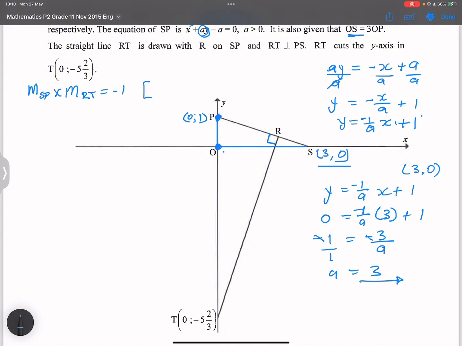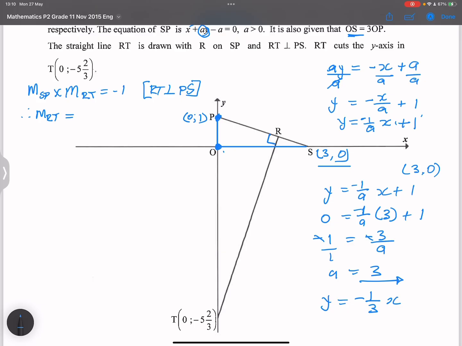So in this case, we know that RT is perpendicular to PS, and that's given, right? So therefore, for the gradient of RT, now that we found that a is 3, the gradient of the line SP would be negative 1 over 3, right? So remember, the line SP would be minus 1 over 3 x plus 1.